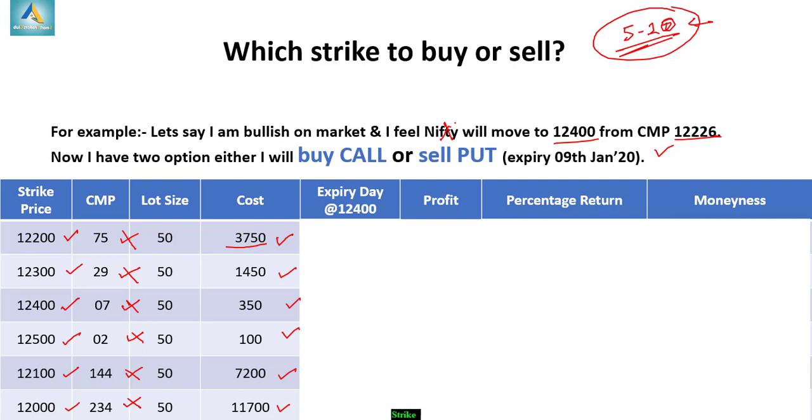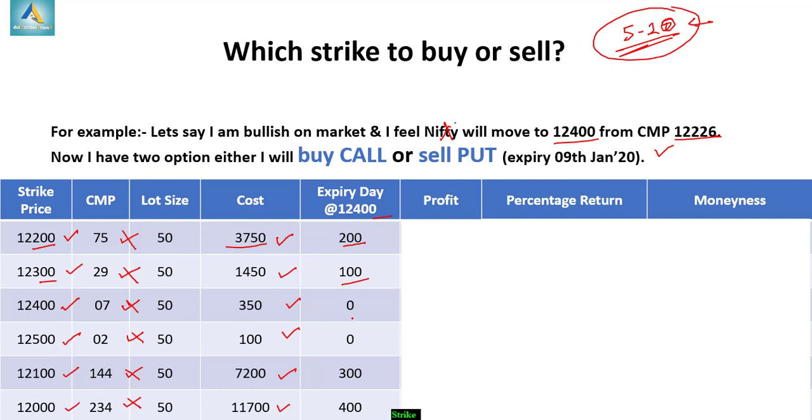Let's say my view is right and the market expired somewhere close to, or let's say exactly on, 12,400. If this happened, then the price of 12,200 will be 200 at the time of expiry. 12,300 will be around 100, and 12,400 and 12,500 will be out of the money.